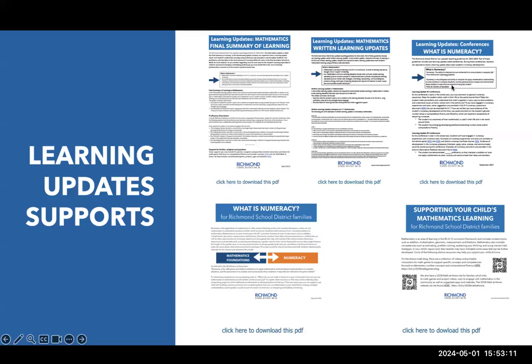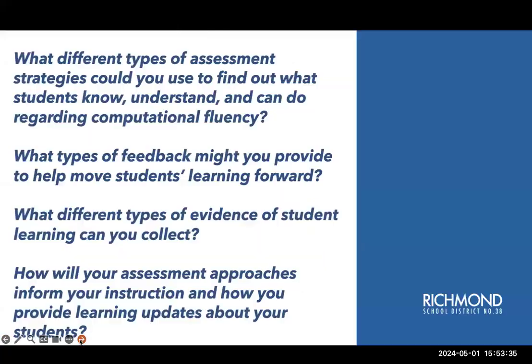And then for those learning updates that don't have a formal report card that are done in person, or on a phone call, there's what is numeracy, and those two what is numeracy documents, because we're reporting and talking about numeracy as opposed to mathematics at that time. So those are all available to download as PDFs on the portal in the elementary reporting guidelines tile.